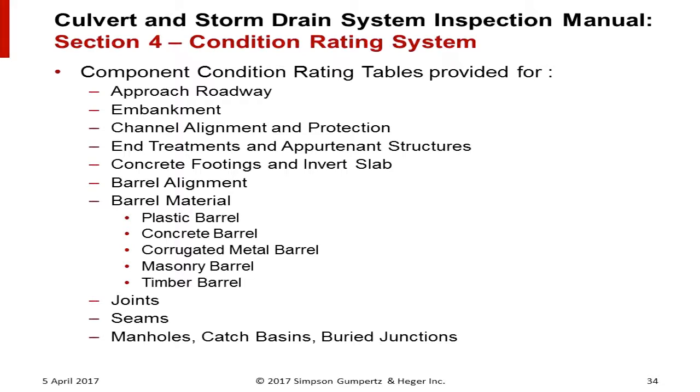Now, I mentioned we've added plastics now, so plastics are becoming more popular. HDPE is a very popular material for culverts these days. FRP, not quite as popular for culverts, but we do still see a lot of that out there, so it's included under plastics. Concrete, corrugated metal, masonry, and we've also added timber barrels. Joints and seams are included, and then manholes, catch basins, and buried junctions for the storm drains.